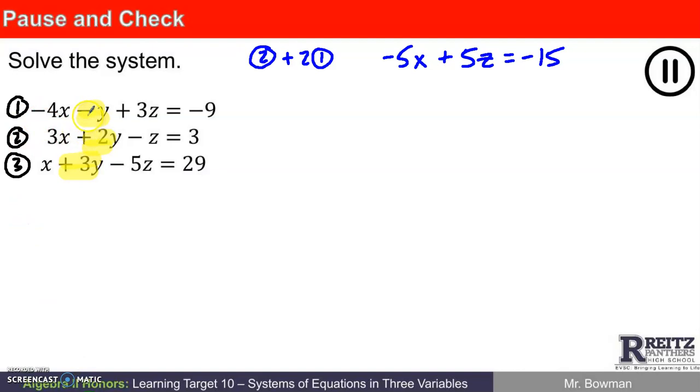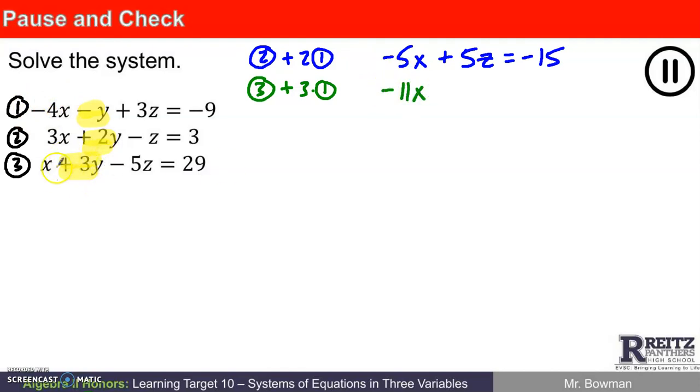Another way I could eliminate my y's is to take equation 3 and then take, I guess I would need 3 of these then, wouldn't I? So 3 times equation 1. So let's create a different equation that way. Let me take this plus 3 of these. 3 of these would be negative 12x, so that plus negative 12x is negative 11x.